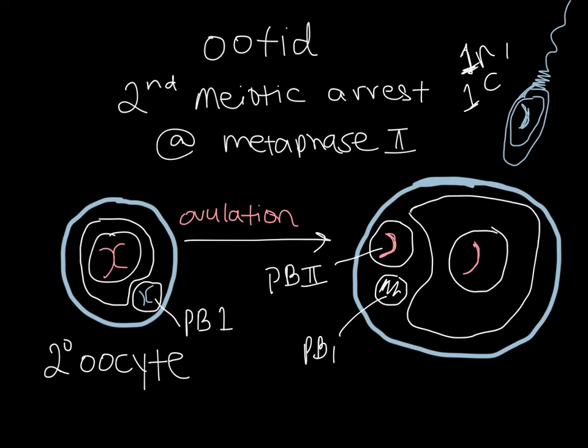And here we have 1N, 1C. And after that, you're going to start to see a breakdown of the nuclear membrane, the nuclear envelope, so that this will actually start to look more like that.